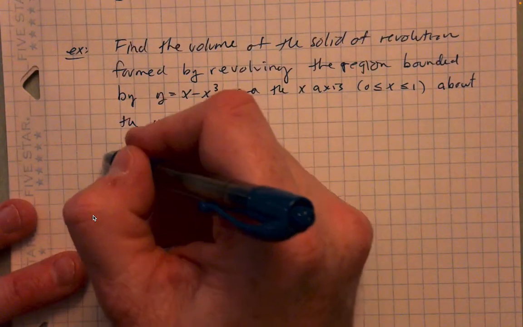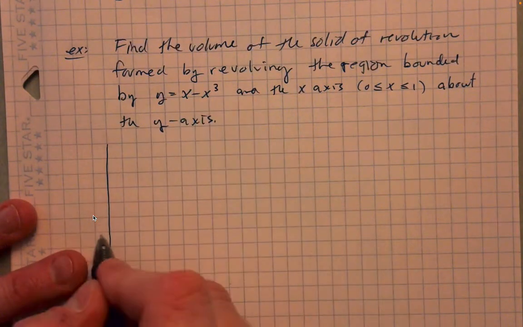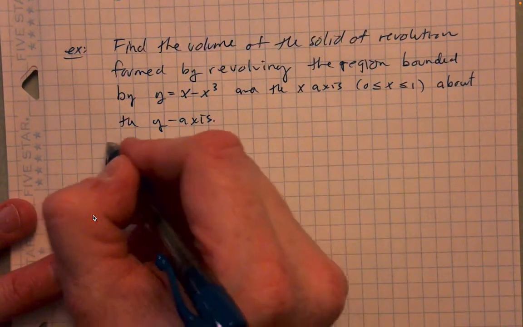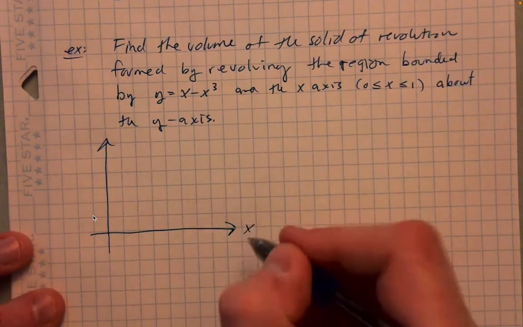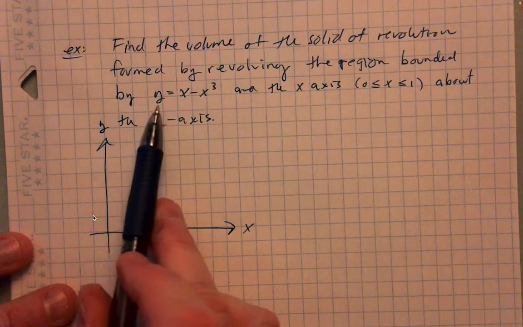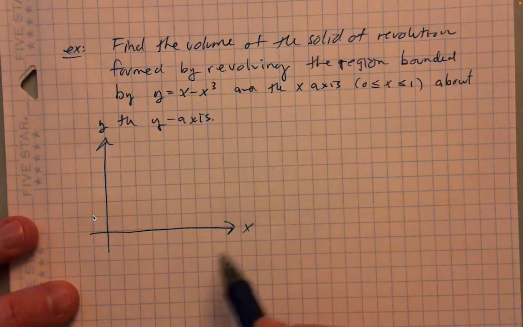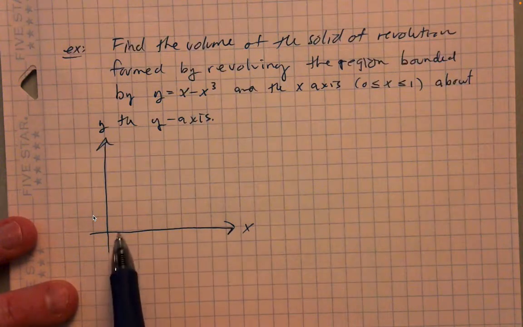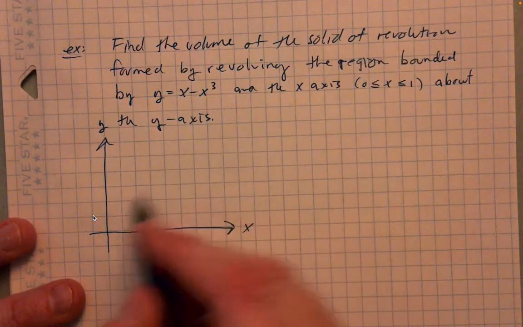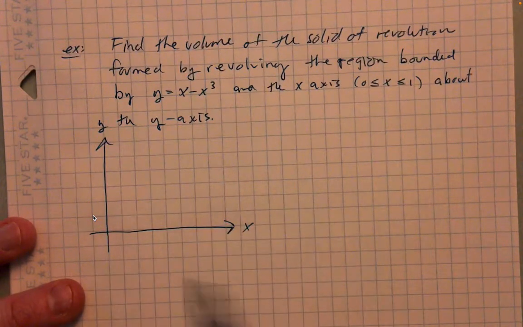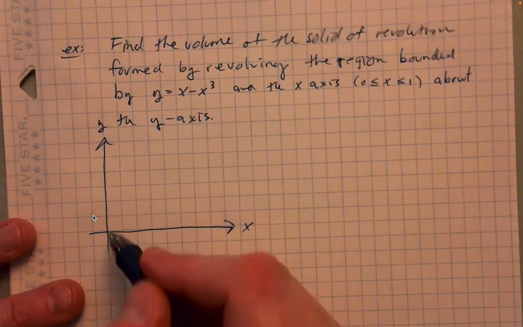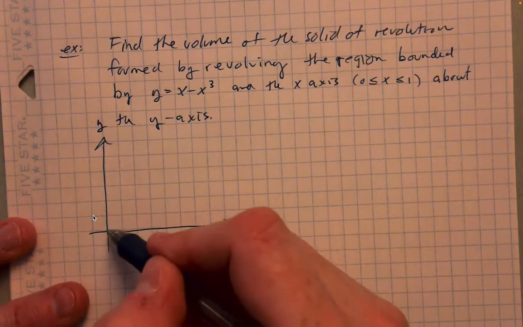Okay, so let's plot the function first so we can do some visualization here. I've got my x-axis, my y-axis. This is y equals x minus x to the third power, and we're specifically interested in this between 0 and 1. If you go out to Wolfram Alpha or pull out your graphing calculator, you can plot this, and it's going to look something like this.